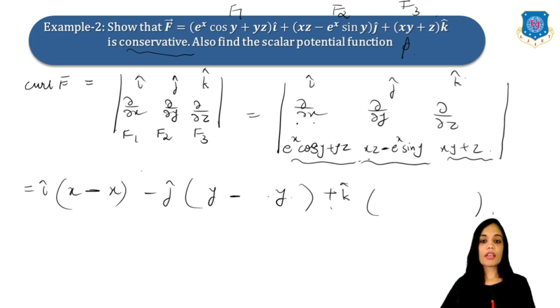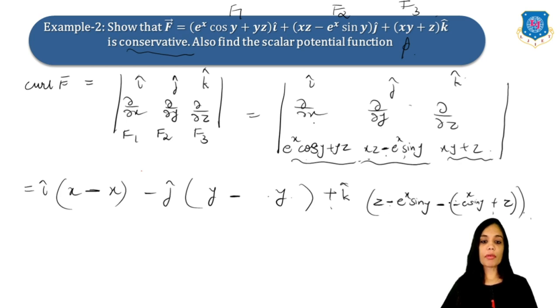Now plus k: the derivative with respect to x gives z minus e raised to x sin y, minus the derivative with respect to y: minus e raised to x times the derivative of cos y, which is minus sin y, so here sin y comes because we have already put minus. Now from here, if I solve with respect to y, we will have plus z.